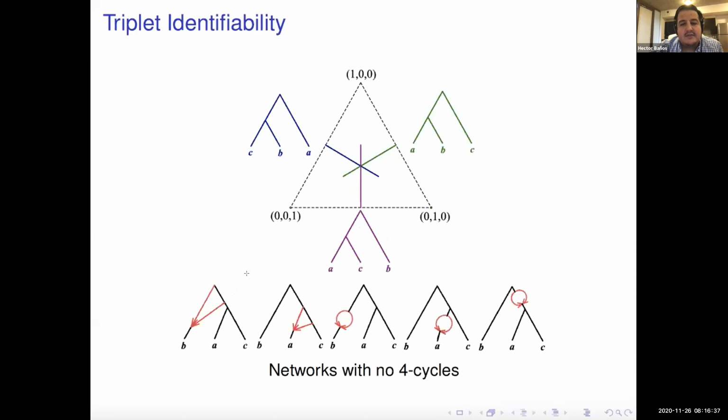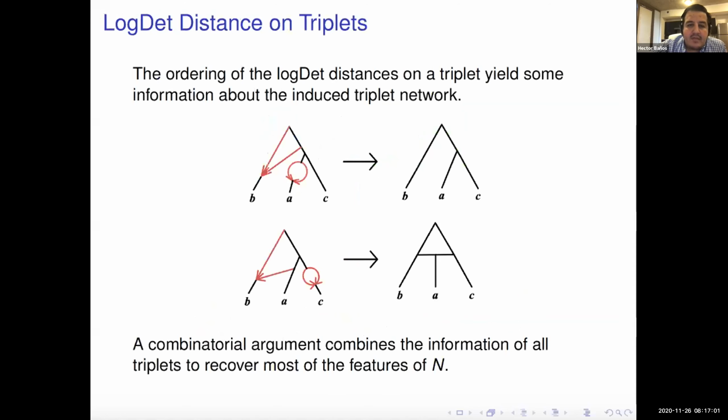What I mean by this is something like in the talk of Katerina, where she was talking about displayed trees. This is the same. If you have no 4 cycles, then it doesn't matter which edge you take, the underlying topology will be the same.